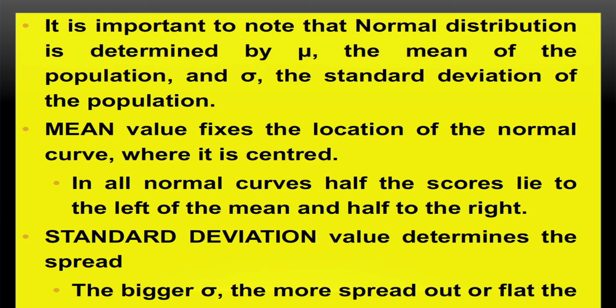The value of the mean fixes the location of the normal curve where it is centered. In all the normal curves, half the probability lies to the left of the mean and half to the right.